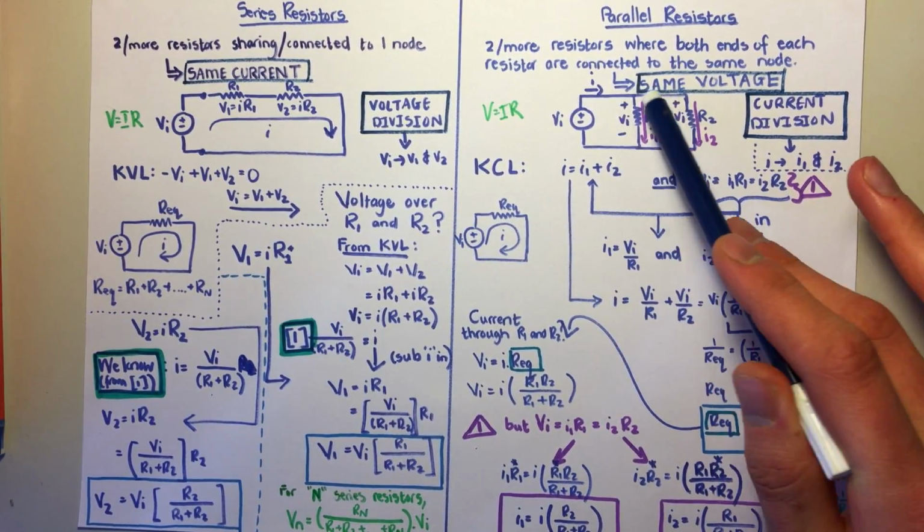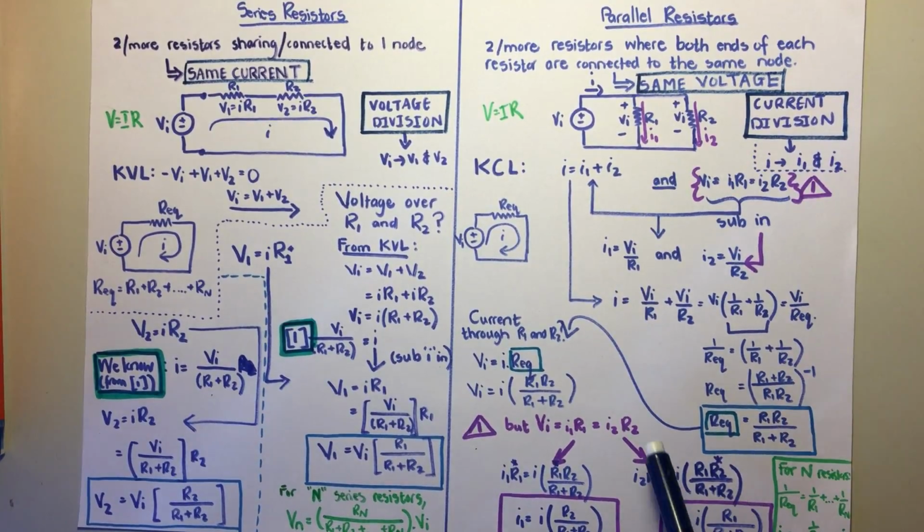So I1 R1, I2 R2. Then we can say, well, we have VI over here, so why don't we sub this into there for VI? Then VI, which is this, is equal to I1 R1, and VI, which is this, is equal to I2 R2. Then we have R1 and R1 over here, so we can cancel them away, or divide both sides by R1 if you prefer to see it like that, and the same with R2 in this one.